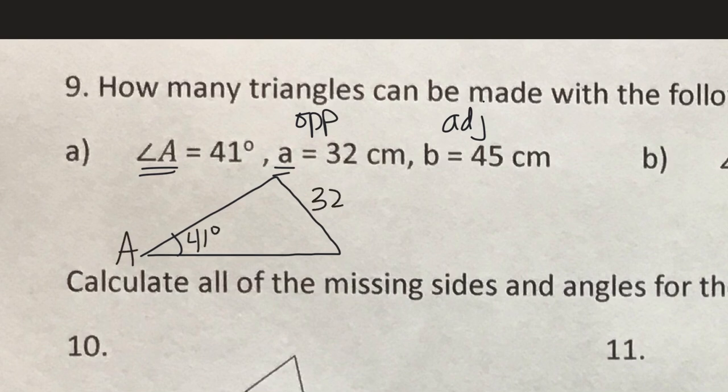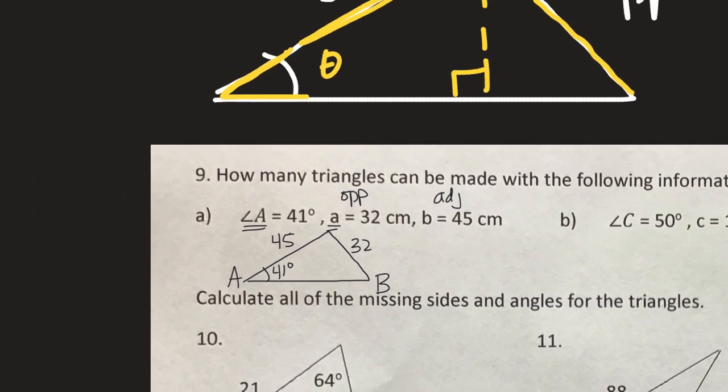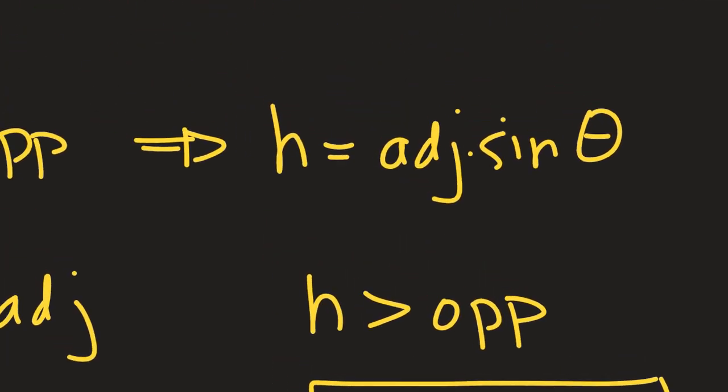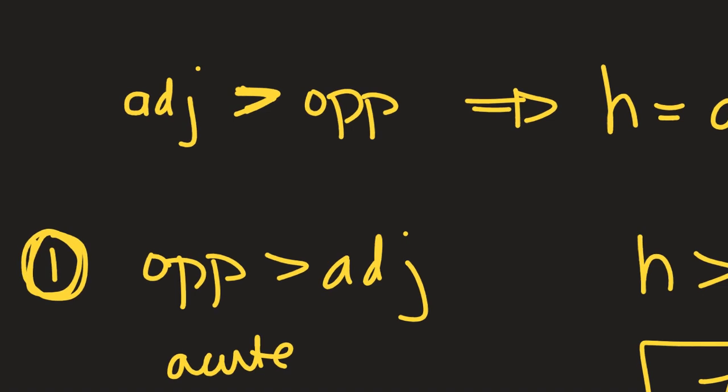Side A is 32 centimeters, and side B is 45. Okay, so now we have to do our investigation. The opposite side is not greater than the adjacent side. In other words, adjacent is greater than opposite. Right here, the adjacent is greater than the opposite, which means we have to calculate our height.